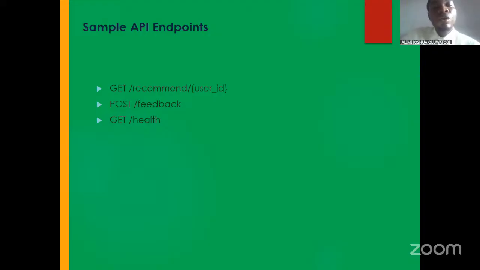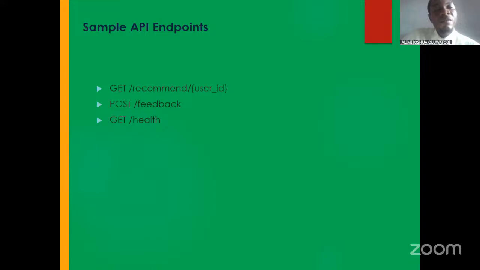And we also have the POST, which you can also call the feedback. This is the endpoint that tells the system what the user likes or clicks. You are on a system and you like a particular movie. This is what sends information to the system on what you like and also what you click.